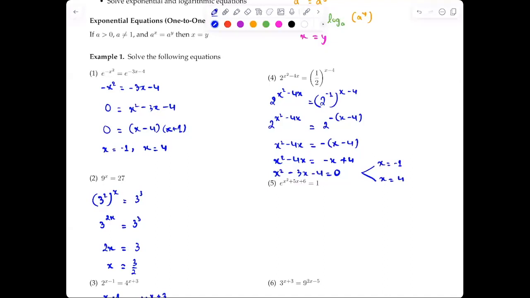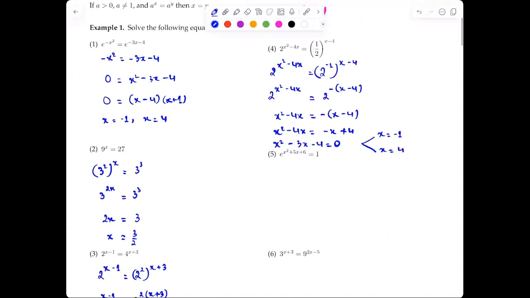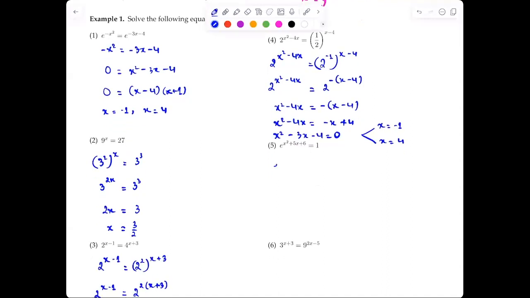How would 1 relate back to e? What power should I raise e to get 1? 0. Okay. So you can rewrite the right-hand side as e to the 0. Okay.